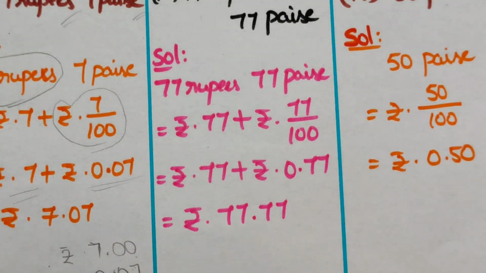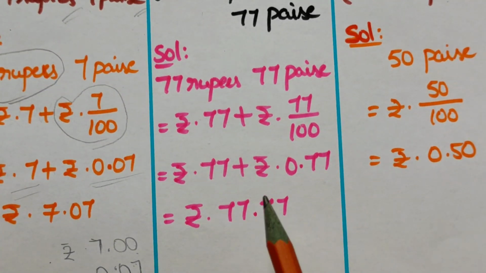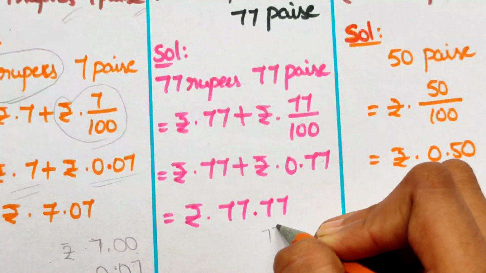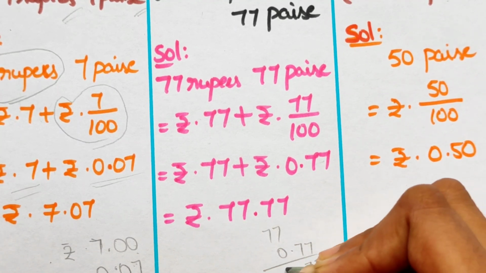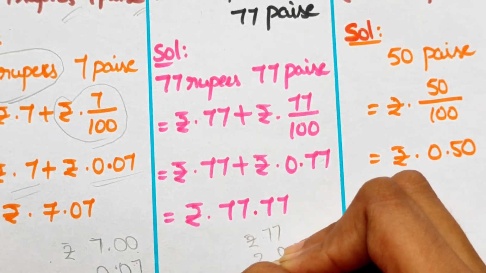Now here it is rupees 77 plus rupees 0.77. So here it is 77 plus 0.77.